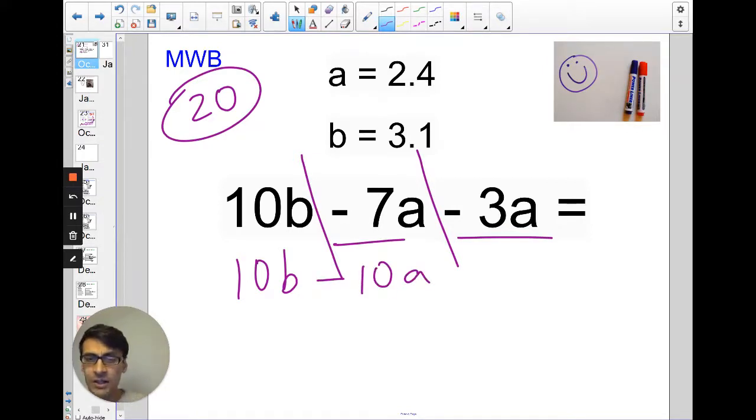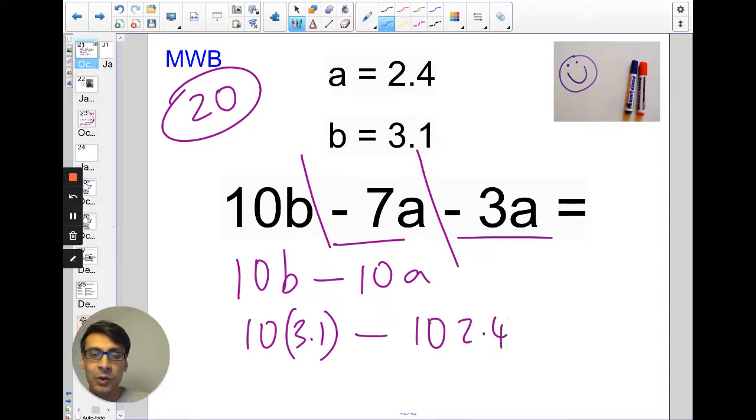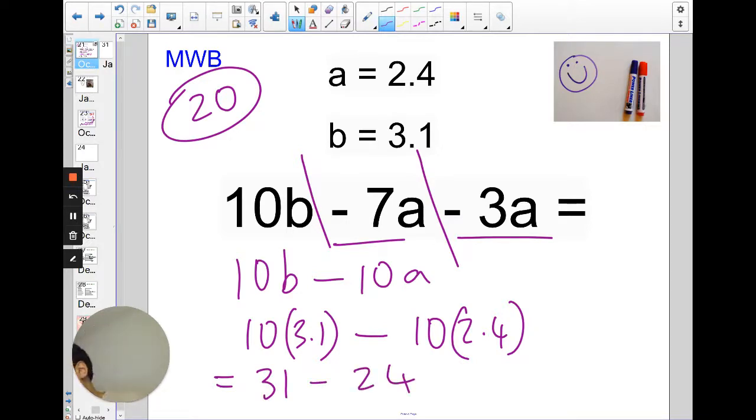So we're now actually left with 10 times 3.1 take away 10 times 2.4. So that then becomes 31 take away 24. So 31 take away 24 is just going to give you 7. That's your final answer.